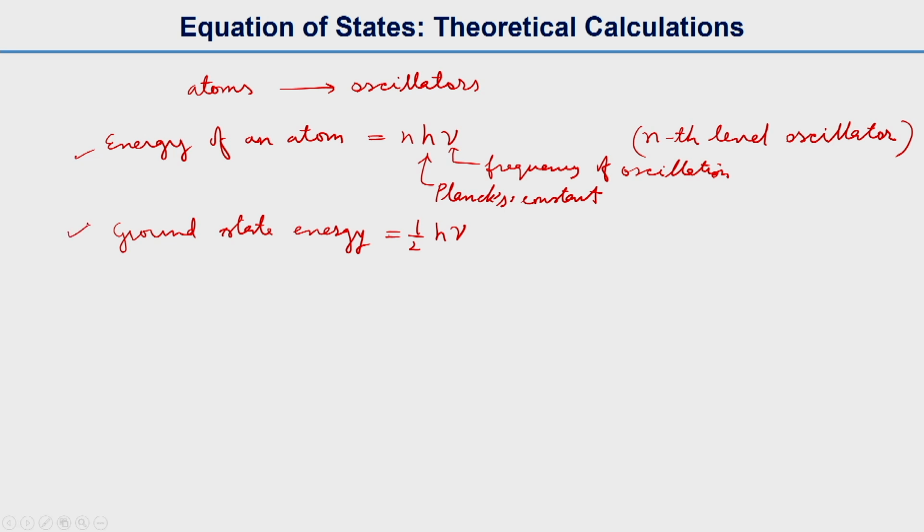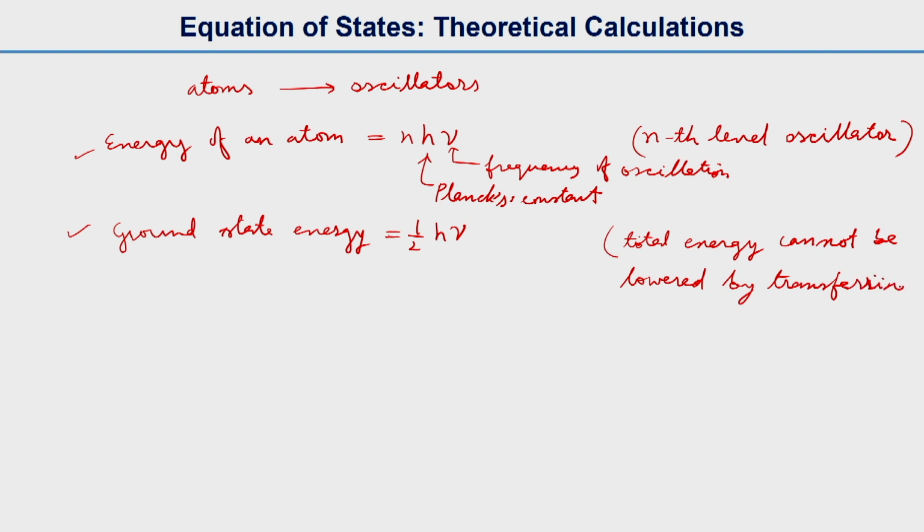Ground state means that the total energy of the electrons cannot be lowered at that state; the total energy cannot be lowered by transferring electrons.